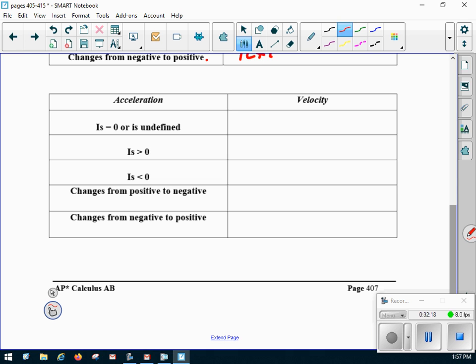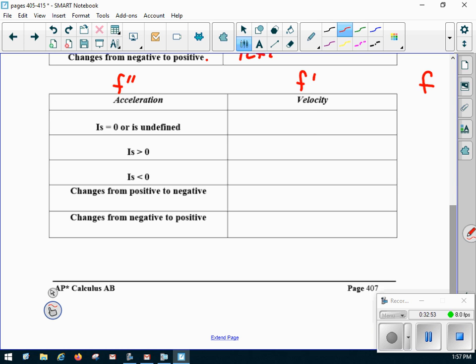What derivative is acceleration? Yep. What derivative is velocity? Now, sometimes I just have to go over here and think about the original function. Let's not think acceleration and velocity. Let's think f double prime, f prime, f. If f double prime is 0 or undefined, what did that tell me about the function itself? Potential. We knew that there was a possible POI, right?